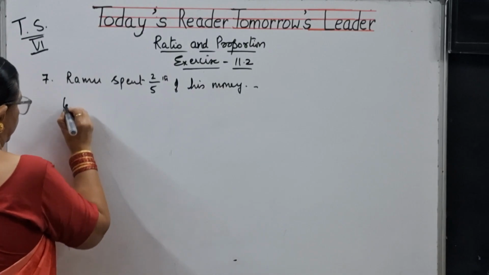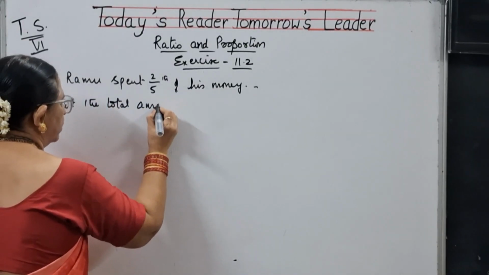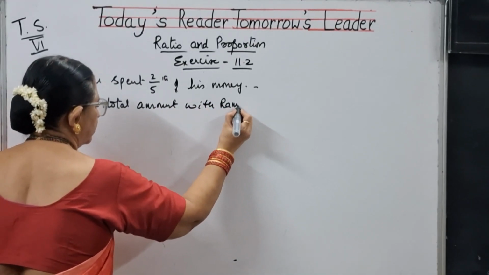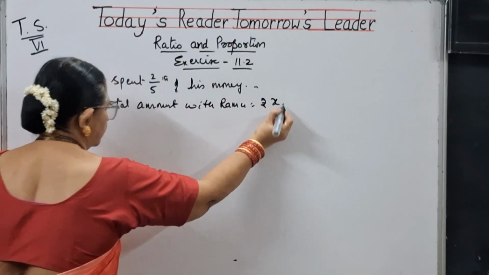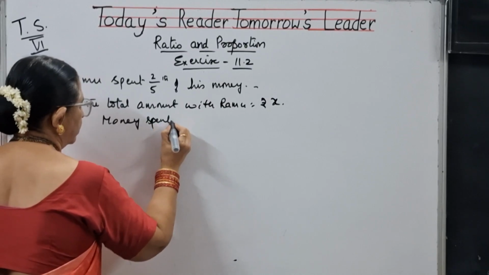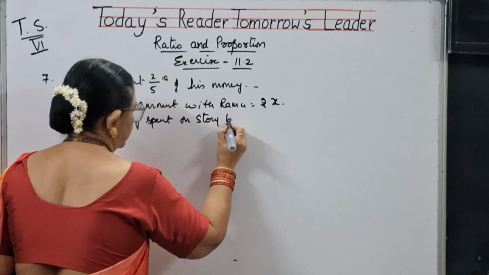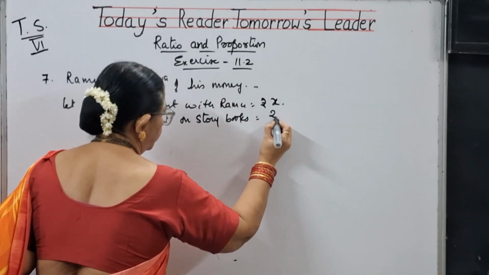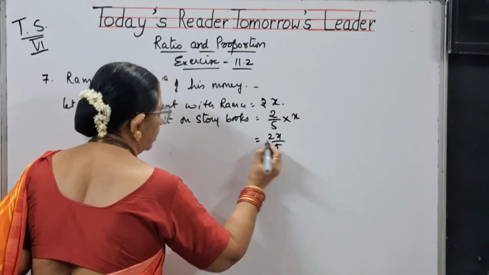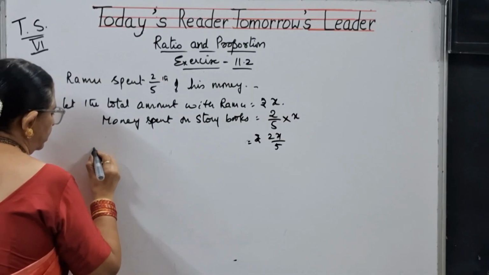Let the total amount with Ramu is equal to rupees x and money spent on storybooks. How much? 2 by 5 of x. That is 2x by 5 rupees.